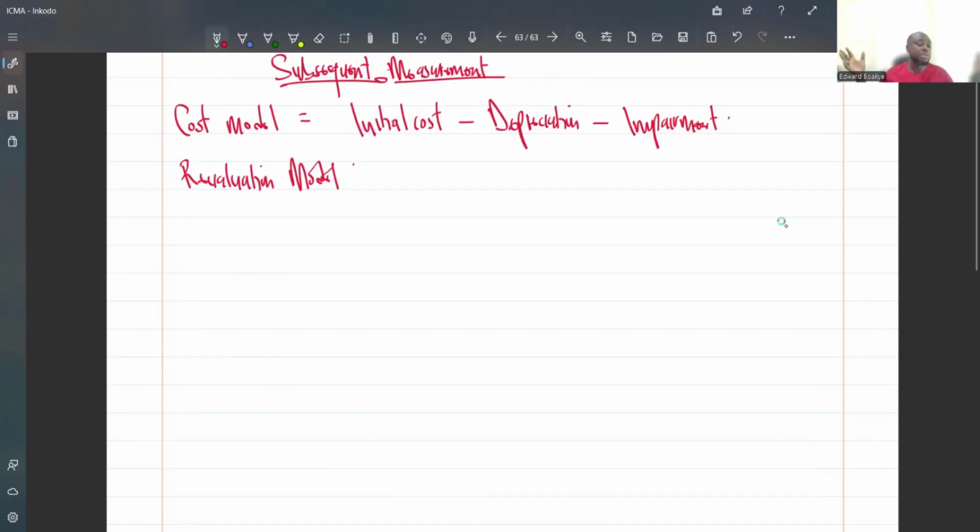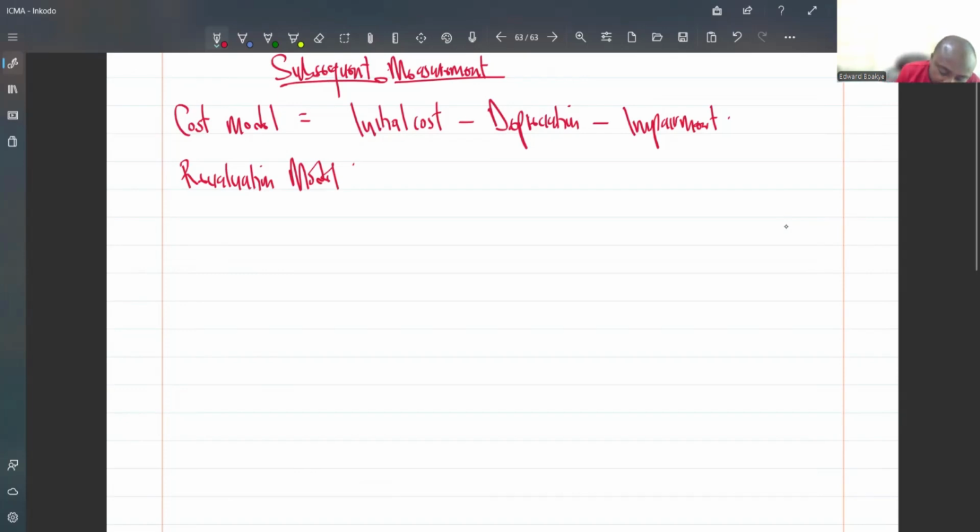Having a revaluation at the beginning of the year, middle of the year, end of the year, the revaluation gains, revaluation losses, how to even treat them becomes another issue where you may even get excess depreciation and the rest. So there are a lot of issues under the revaluation model, unlike the cost model, which is so simple, recognizing it at initial cost, less accumulated depreciation and impairment, if any.